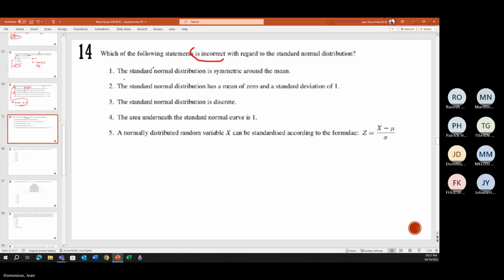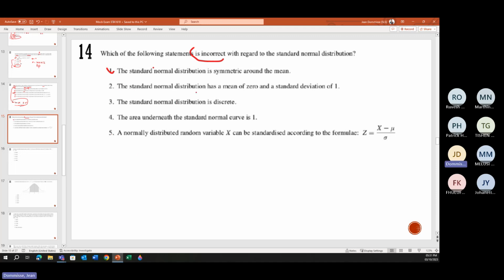So if you look at it, unfortunately, you need to go through all of them, and hopefully there's one that stands out as being definitely incorrect. So standard normal distribution is symmetrical around the mean. That is correct.